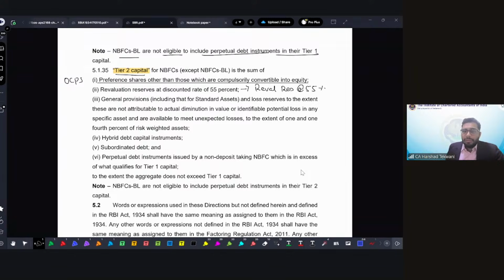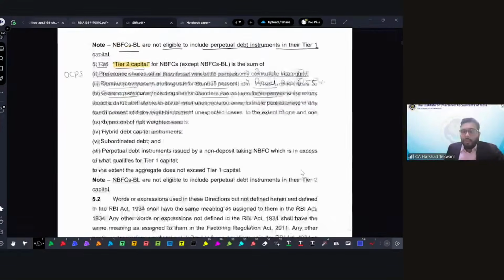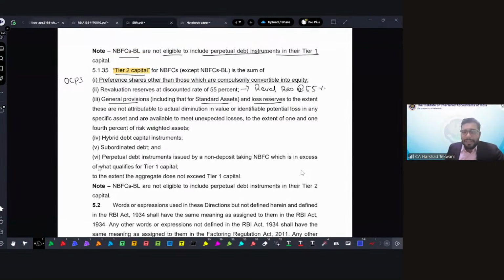General provisions, including standard asset, loss reserves, not attributable to the diminishing value, all these things, to the extent which is allowed as per the risk weighted assets.